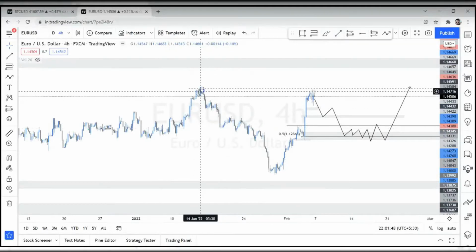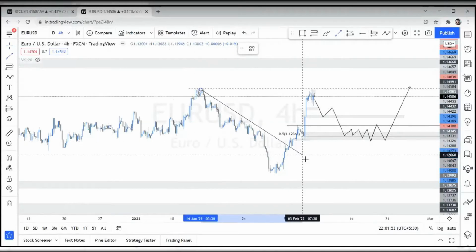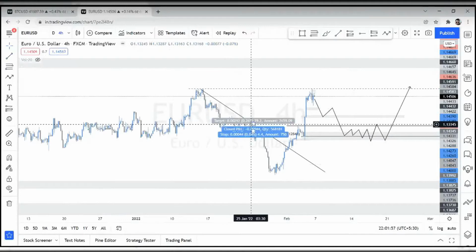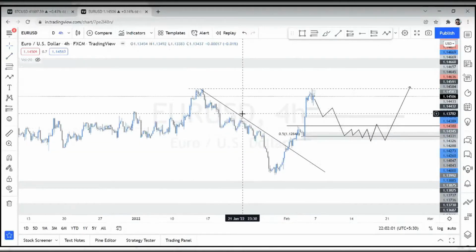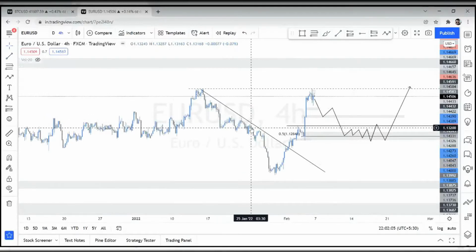In the process they are making this trend line. People sell here, sell here, sell here, and some succeeded and profited.